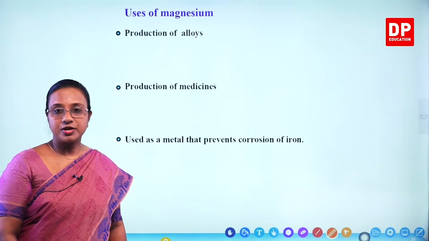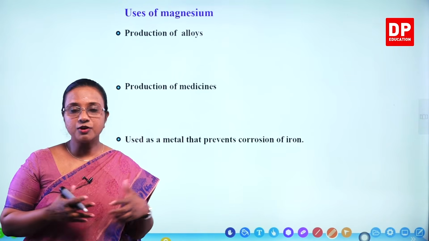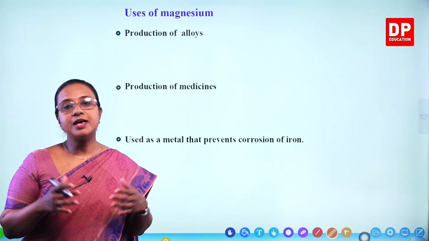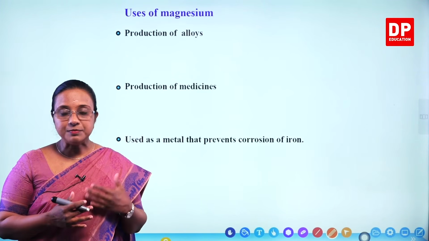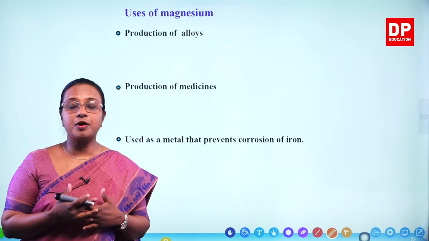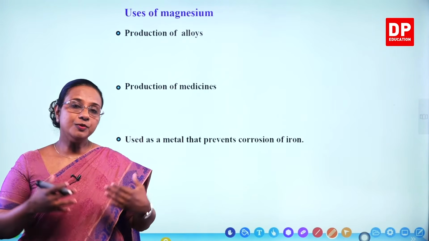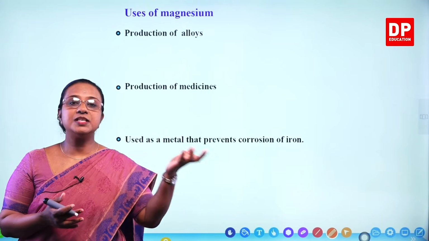Production of alloys. When we say alloys, this is a combination of two metals. You all know metals as individual metals have certain properties that is useful to us. But when we mix metals together, we get new, better properties which are more useful to us. So therefore, man mixes different types of metals and forms alloys.